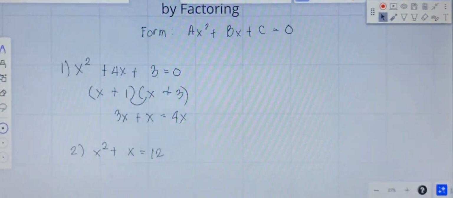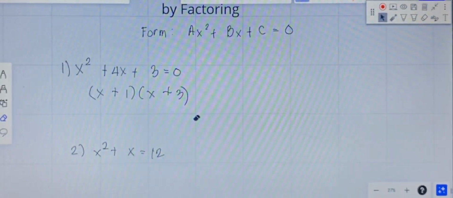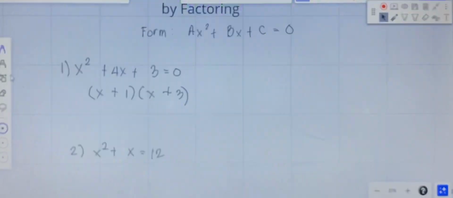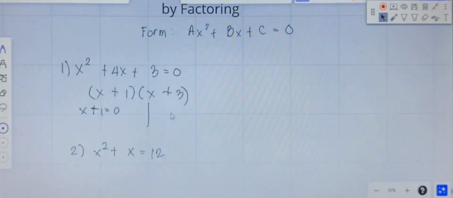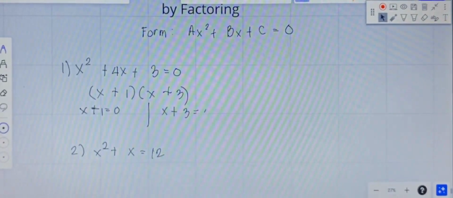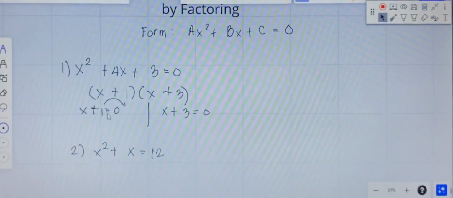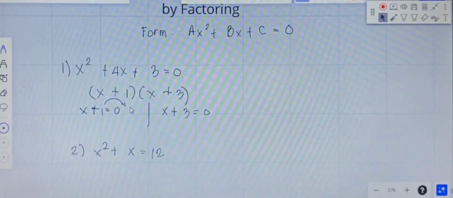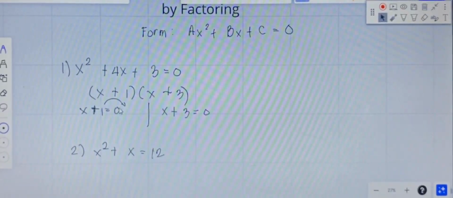Now, let's continue and let's equate them both to 0 to get our final answers. Now, x plus 1 is equal to 0. The other one, x plus 3 is equal to 0. Now, we just have to transpose this. Transpose, basically you move this to the other side of the equal sign. The only thing that's going to happen is that this plus sign will become a minus if you move it there.